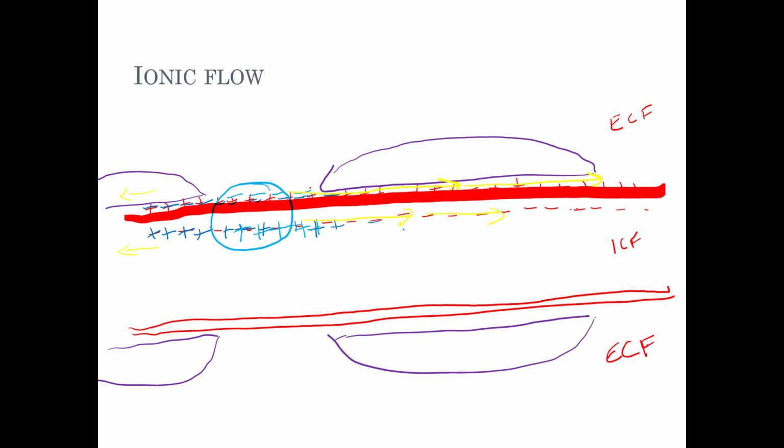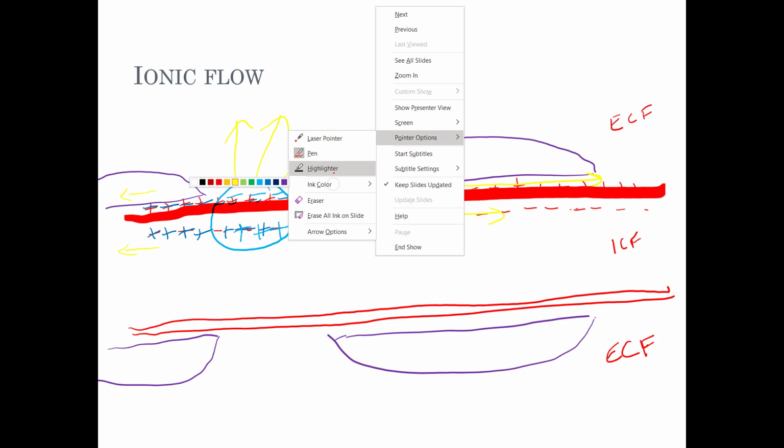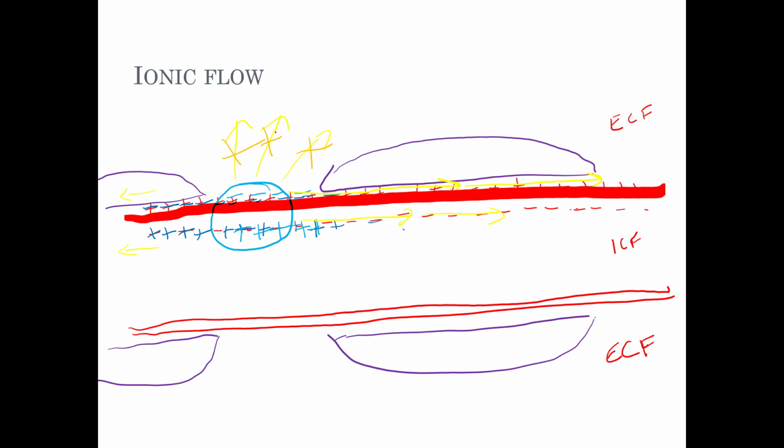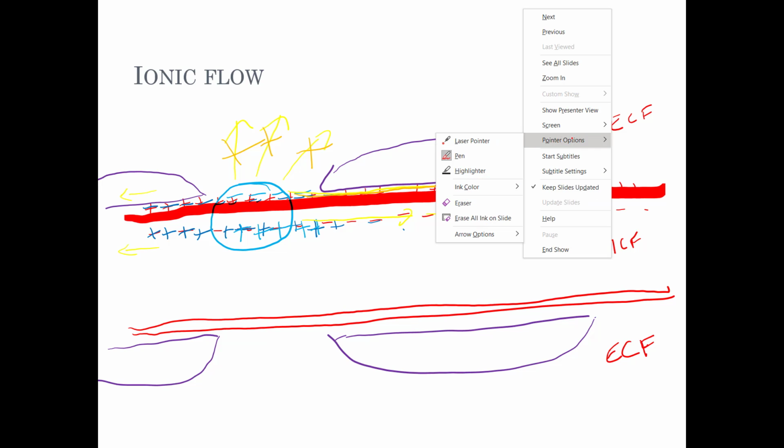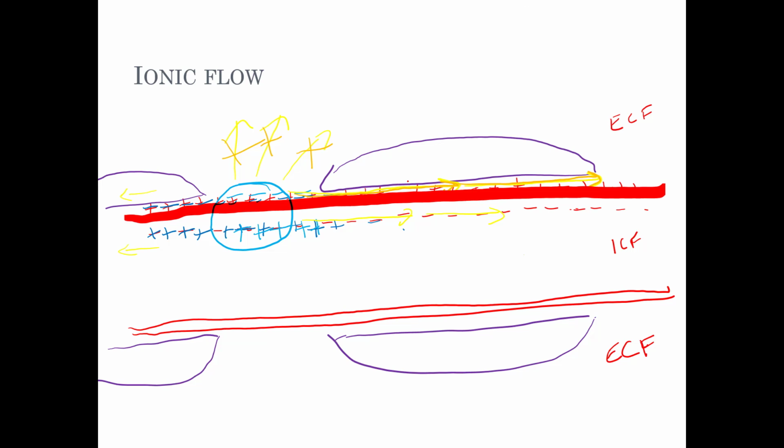So what we're seeing here is that, rather than having these negative ions that are gathered at the cell membrane within the node just flow off in all sorts of directions, the myelin sheath is going to make sure that the ions don't flow off in every direction, that the ions travel underneath that myelin sheath all the way to the next node, where there are, once again, voltage-gated channels, and these ions are going to mix in.